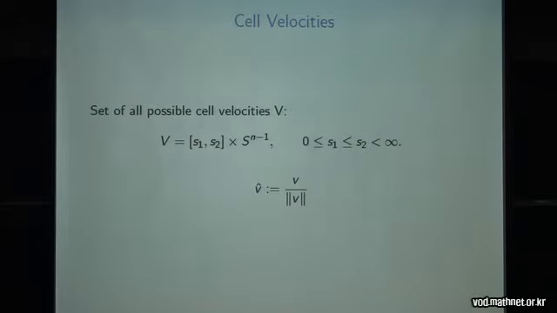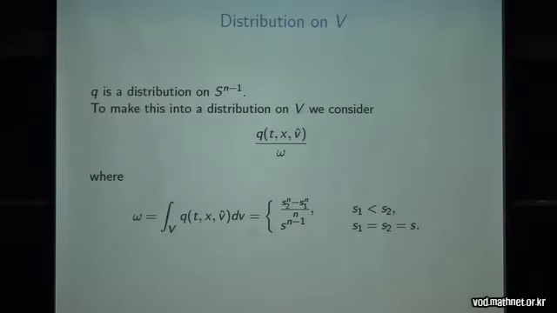Okay. Then I talk about the cells, and the cells have a possible velocity. I mean, you saw in this experiment, you can easily measure the cell velocities. And the only thing I need is that this is a compact set. So maybe you have a minimum and a maximum velocity, and then you can have any direction. And v hat is the corresponding unit vector.